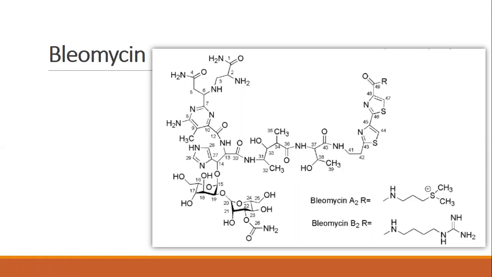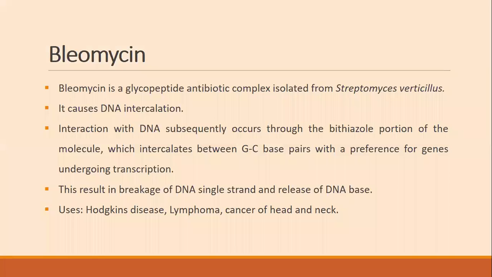So let us understand this bleomycin antibiotic. Bleomycin is a glycopeptide antibiotic isolated from Streptomyces verticillus. It causes DNA intercalation. DNA intercalation results in unwinding of the DNA strand in cancer cells.